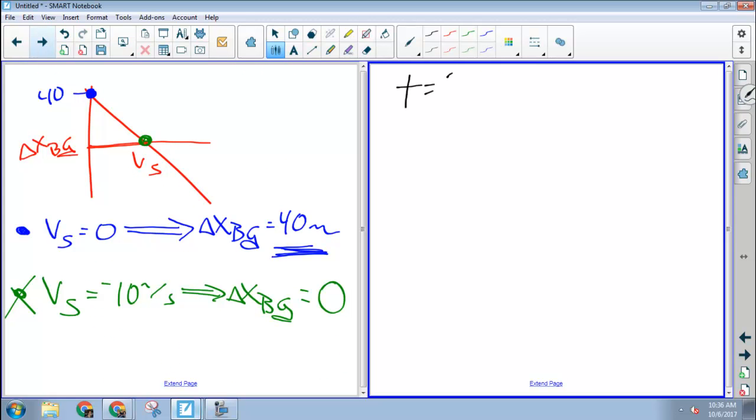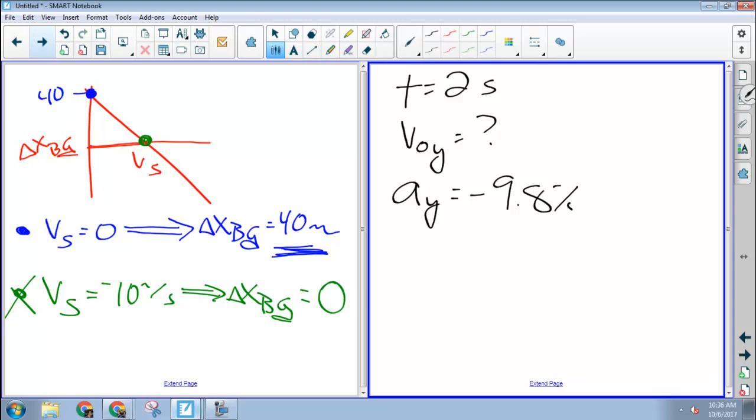So if my time is 2 seconds, I don't know what VOY is. I know my acceleration is negative 9.8 meters a second squared. What's my VFY, you guys? At the end of 2 seconds? 0. You're right, after 4 seconds, that would have been good too. Cool?